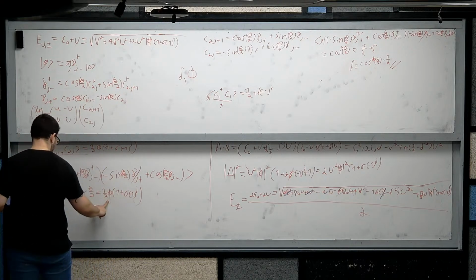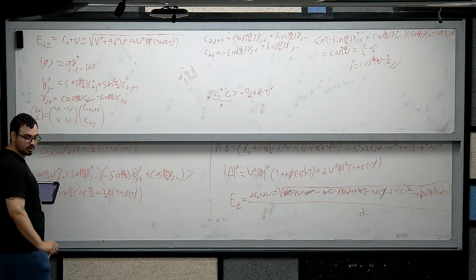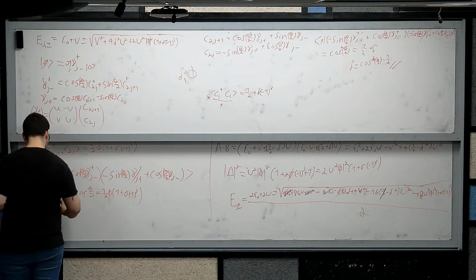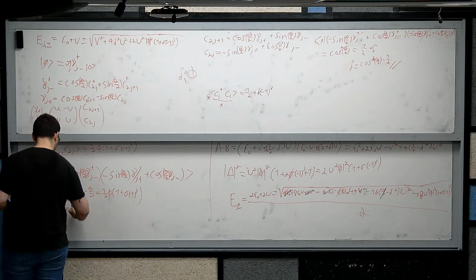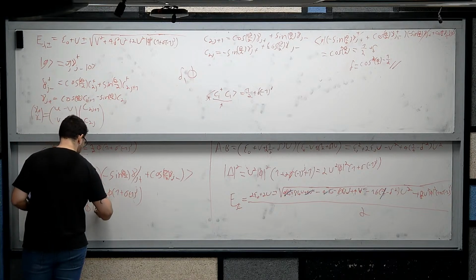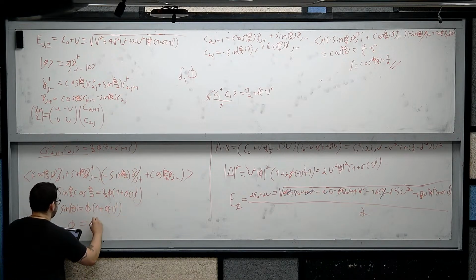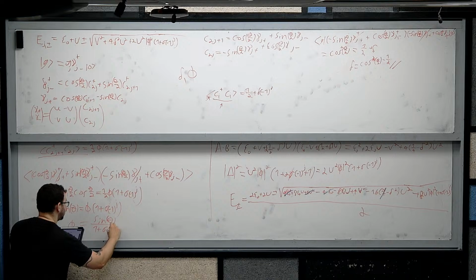So I can take the 2 to the other side, and then 2 sine theta divided by 2 cosine theta divided by 2 is just equal to sine theta, equals 1 plus minus 1 to the j, equals sine theta 1 plus 4 j.